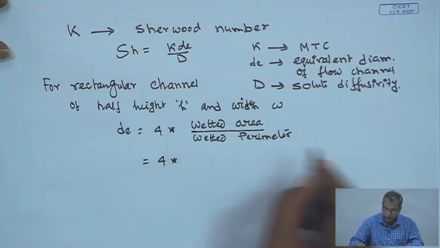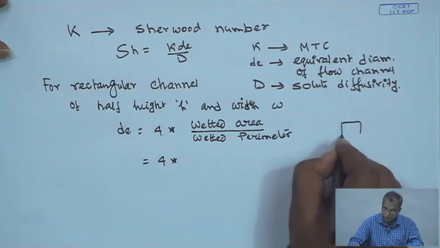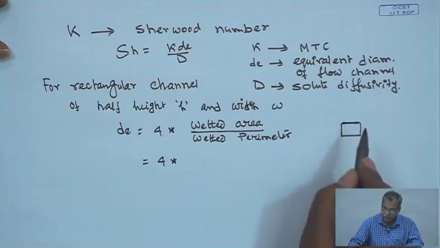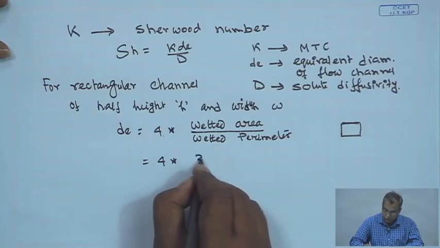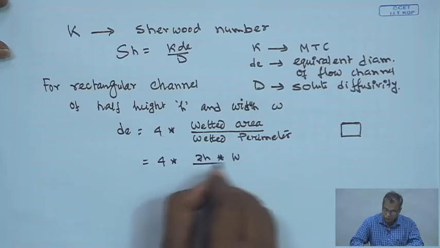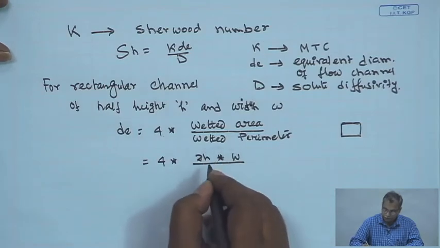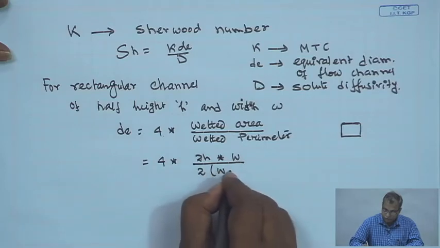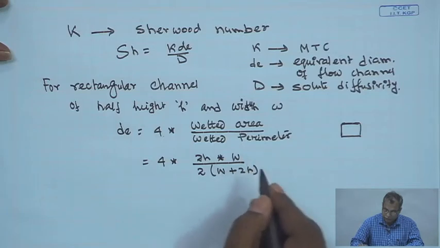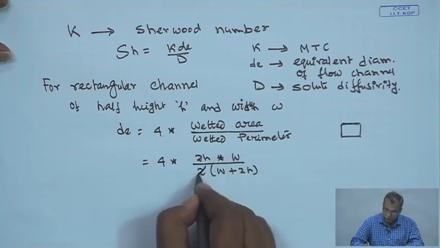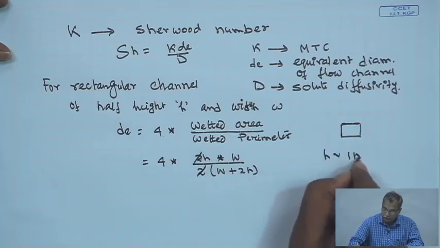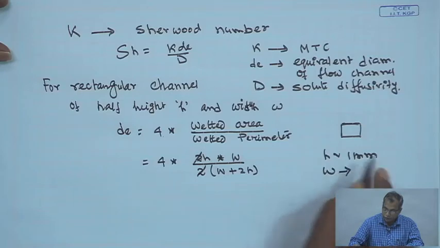4 into weighted area is basically, if this is the cross section of the channel, the weighted area will be 2h multiplied by w, divided by the weighted perimeter, which is 2 times w plus 2h. So, this 2 will be cancelling out, and generally h is in the order of millimeter and w will be in the order of centimeter, let us say 5 centimeter, 6 centimeter, like that.